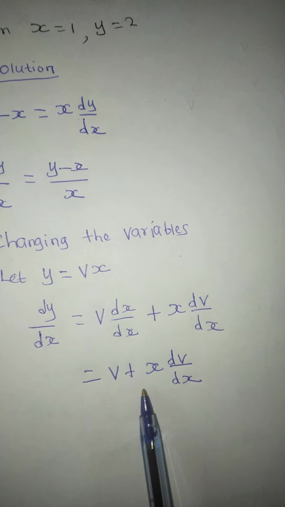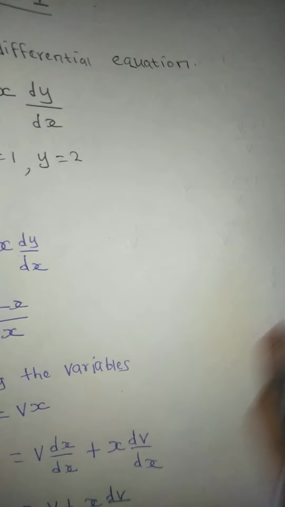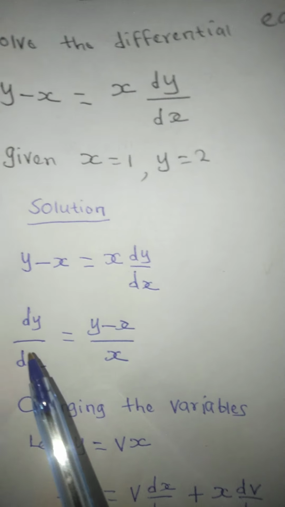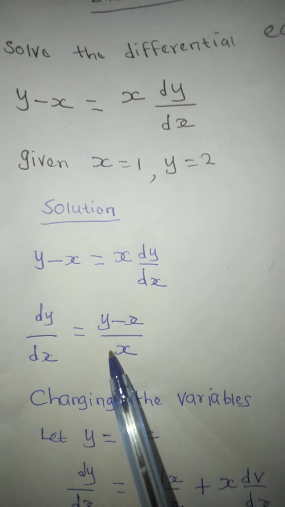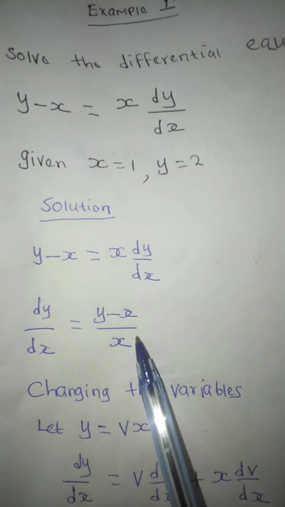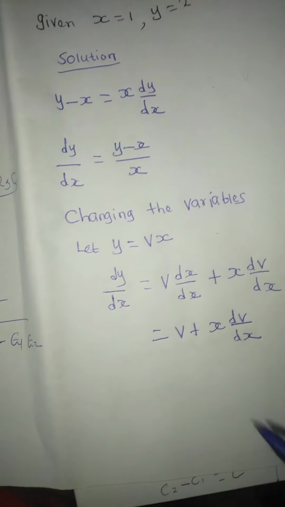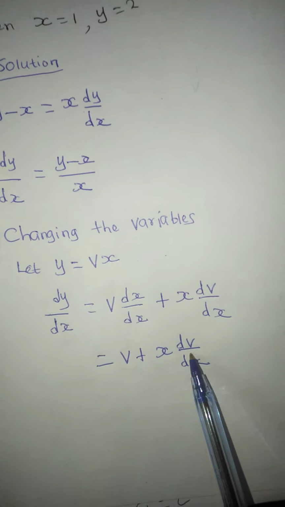That is the value of dy over dx. And we remember the main equation was this one. We had dy over dx is equal to y minus x all over x. And we have found that dy over dx is equal to this.